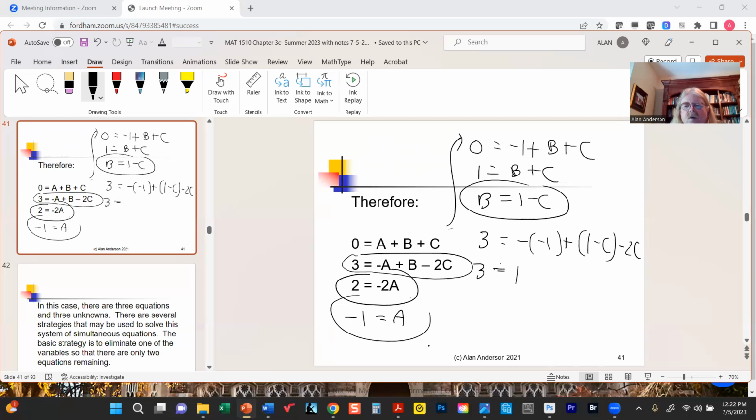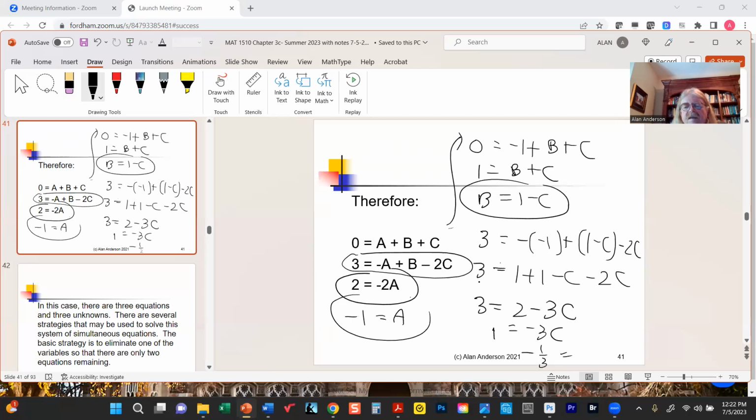So I'll have 3 equals 1 plus 1 minus c minus 2c. So therefore 3 equals 2 minus 3c. 1 equals minus 3c. All right, so we have 2 of them done.